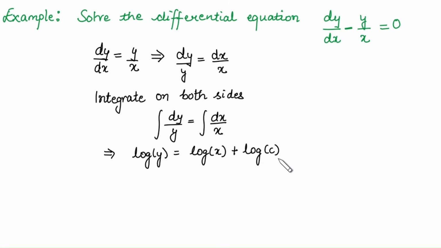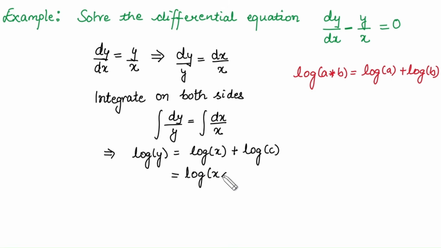Instead of c, I have written log c. This is because log c will help us to combine these two terms in the next step. Here we can use the property that log of a into b can be written as log of a plus log of b. So we can rewrite it as log of x into c.